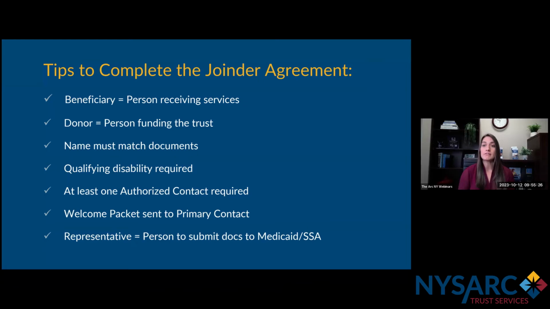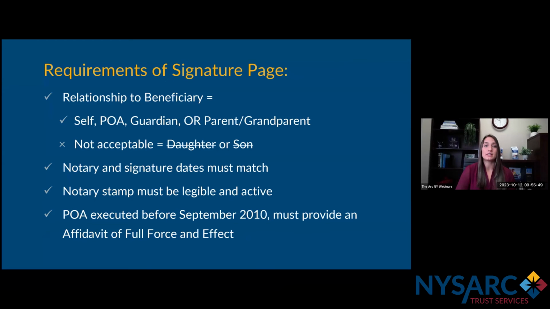So the representative is going to be the person who you are authorizing to submit those documents on your behalf. NYSARC does not have the authority to speak to Medicaid on your behalf. So we're going to need to name someone that we send those documents to, and that person is required to submit them to Medicaid or the Social Security Administration, whatever agencies are applicable for your needs.